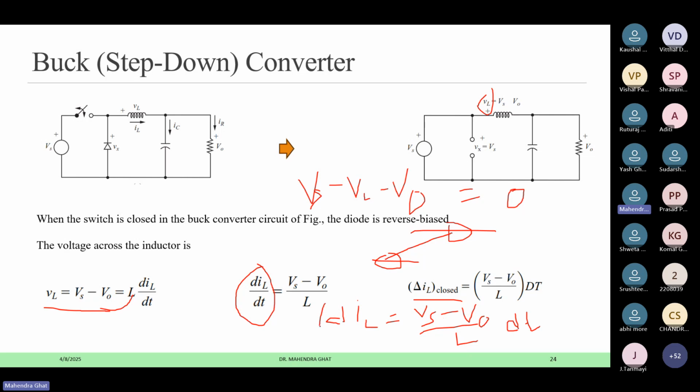Now if I integrate both sides, the integration of delta IL will be from this value to this value it is going.